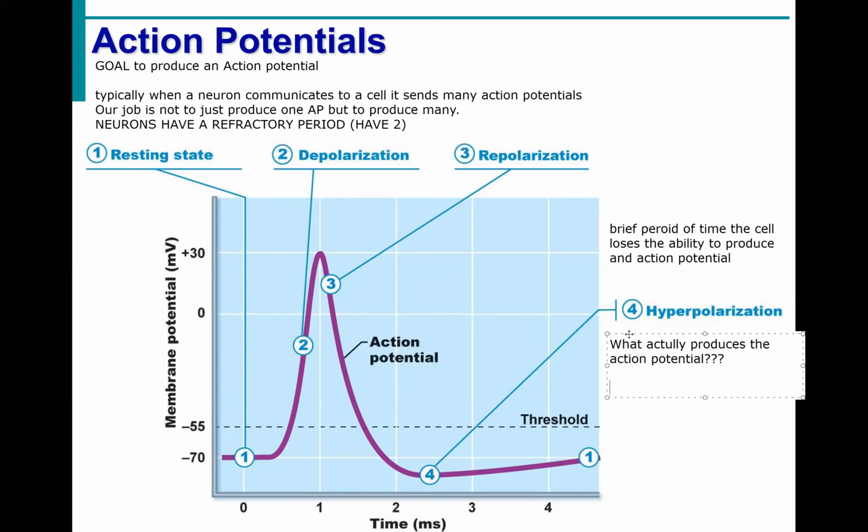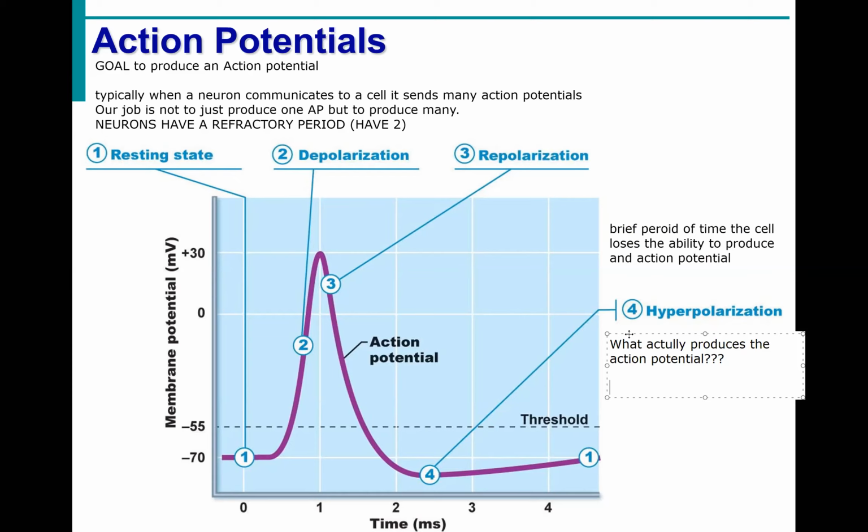Not the refractory period. The refractory period, you're absolutely correct, is going to be due to that inactivation gate. But what actually produces the action potential? Remember, an action potential is a big positive signal. So what is the actual event that occurs that causes a big positive signal? Think back to the drawing.